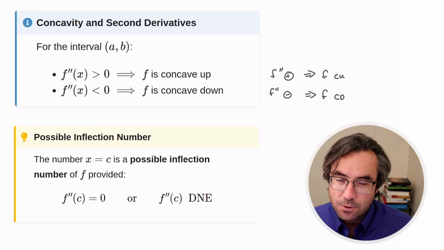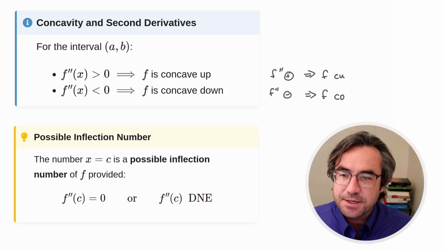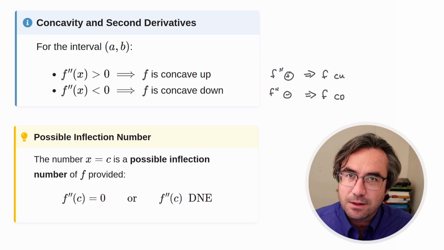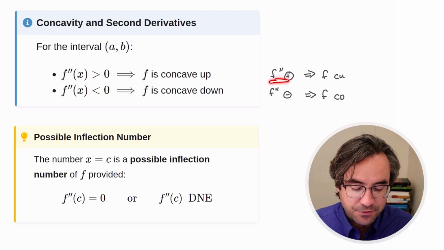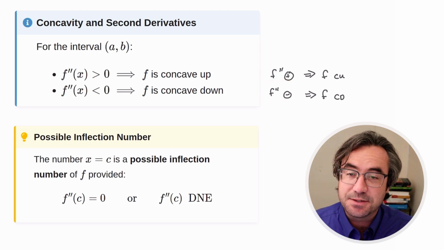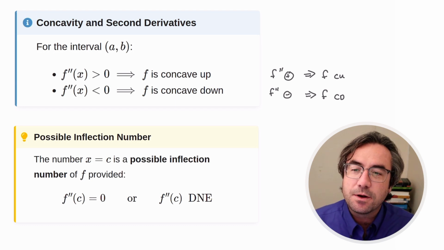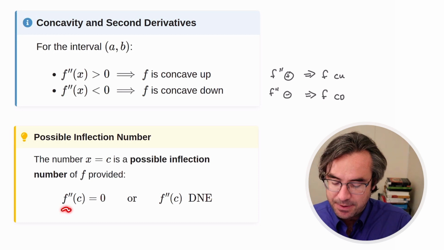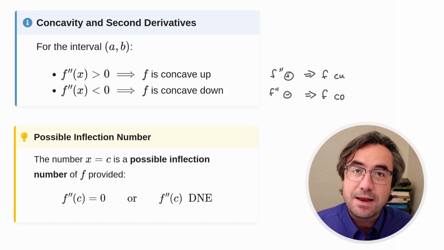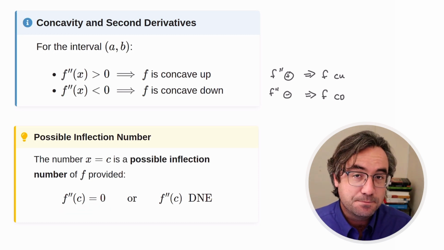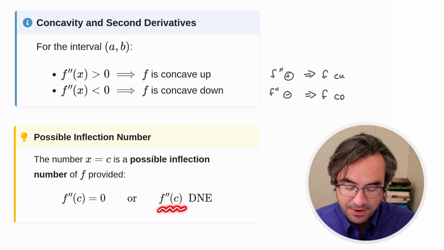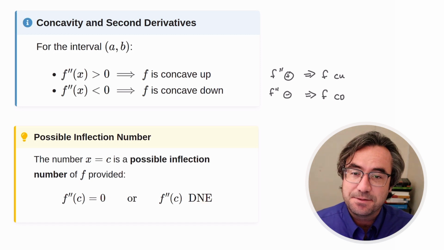What we're going to do is look for where f double prime switches signs. And that can happen in one of two places. It can happen when f double prime is equal to 0, or it can happen if f double prime does not exist.